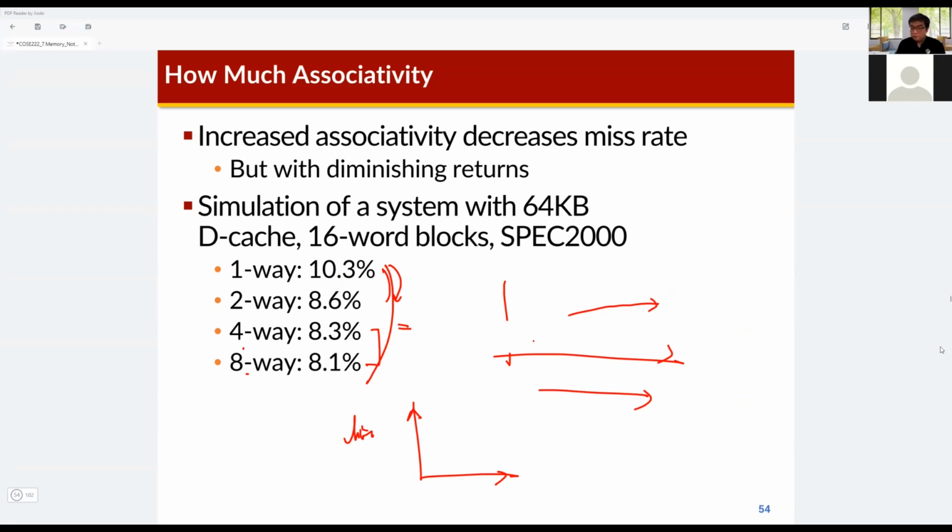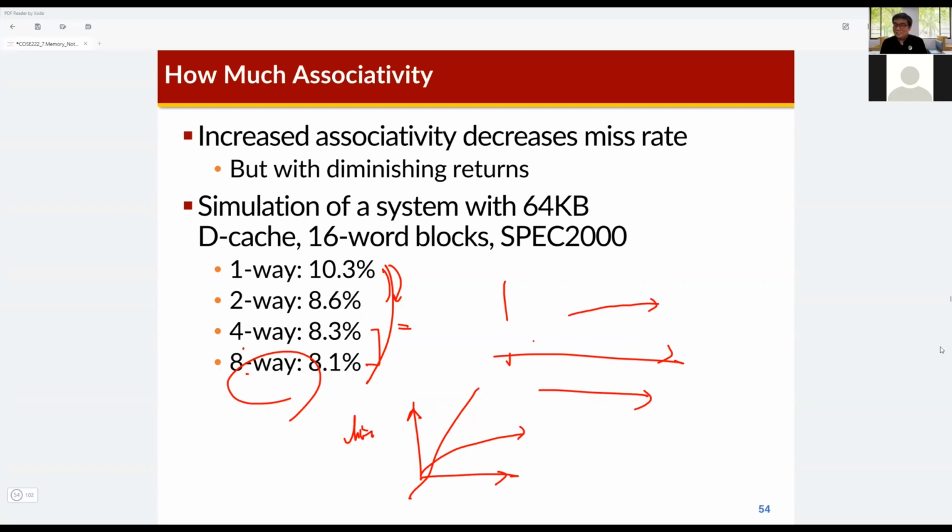I also mentioned that the hit rate saturates as the associativity increases. So it's not linear. It's not proportional to the n-way set associative cache. So we can select the proper associativity for the cache.